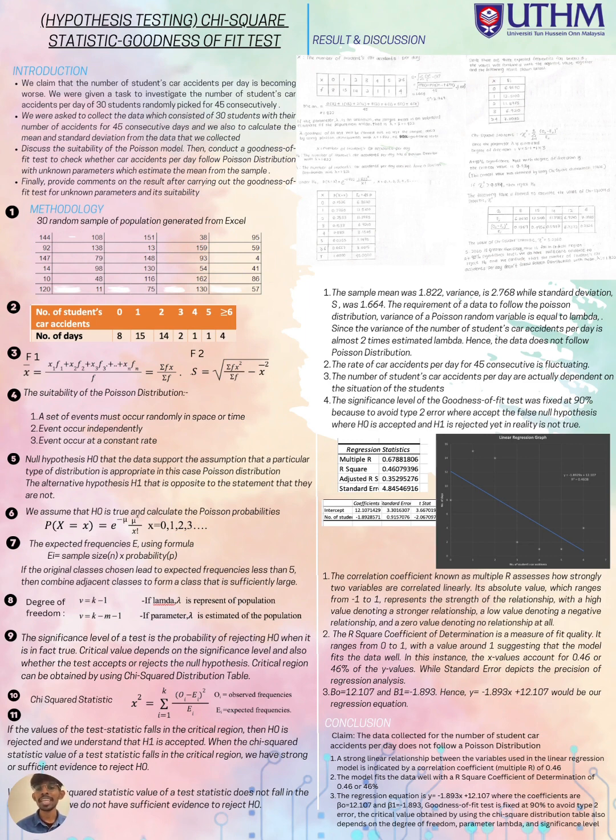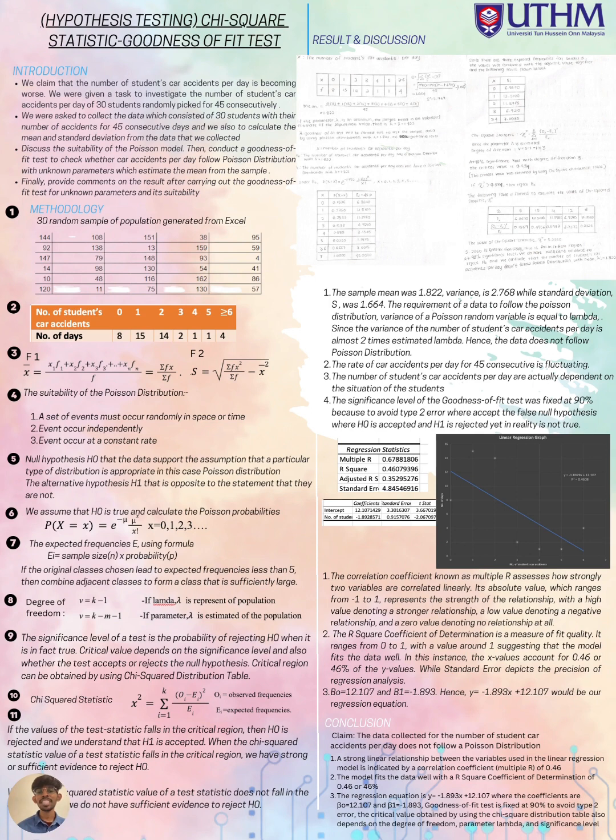For example, at 90% significance level, with 5 categories and parameter lambda estimated, the degree of freedom and the critical value will be 0.584. I repeat again, here we use case 2 to find the degree of freedom, where since we are estimating x bar, we use v equals k minus m minus 1. Since we estimated one parameter, we minus 1.